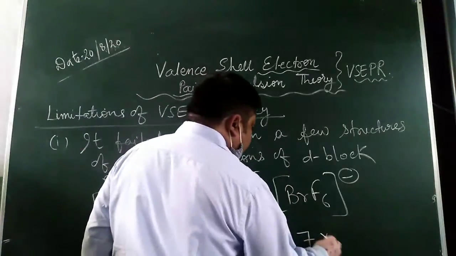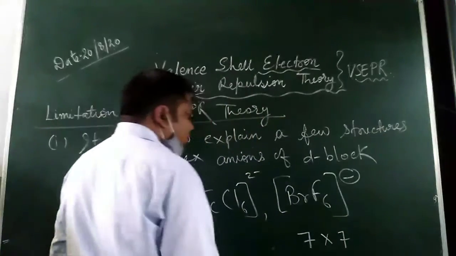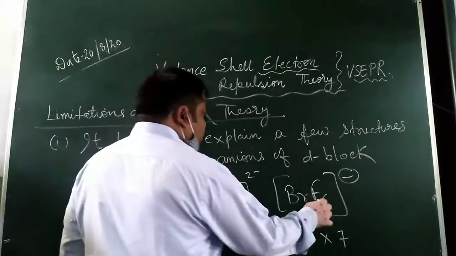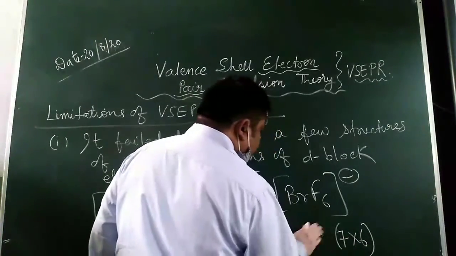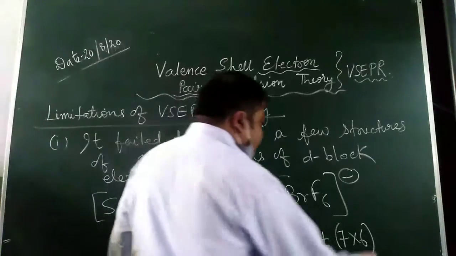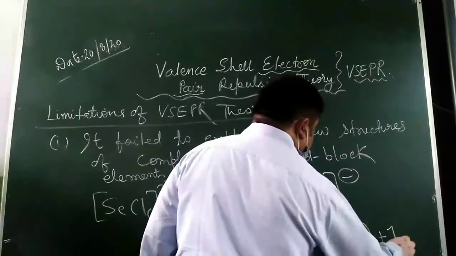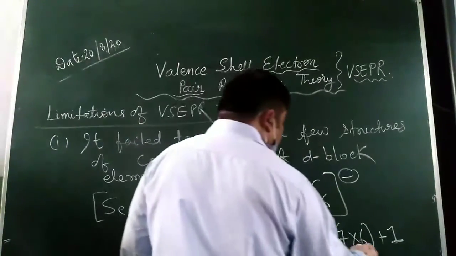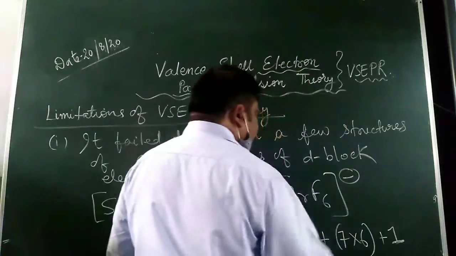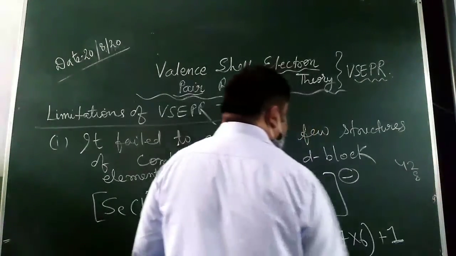Fluorine has 7 valence electrons. Then there are 6 fluorine atoms, so multiplied by 6, plus 1 electron here. So that is equal to 42 plus 7 plus 1.